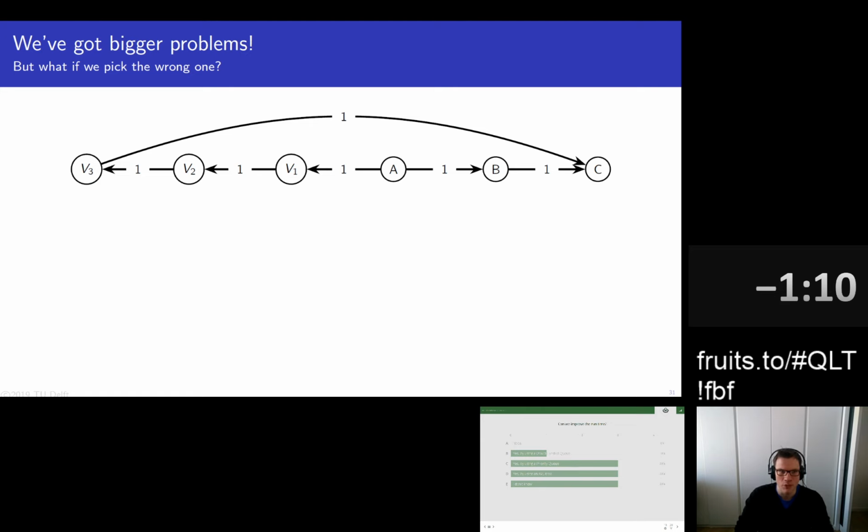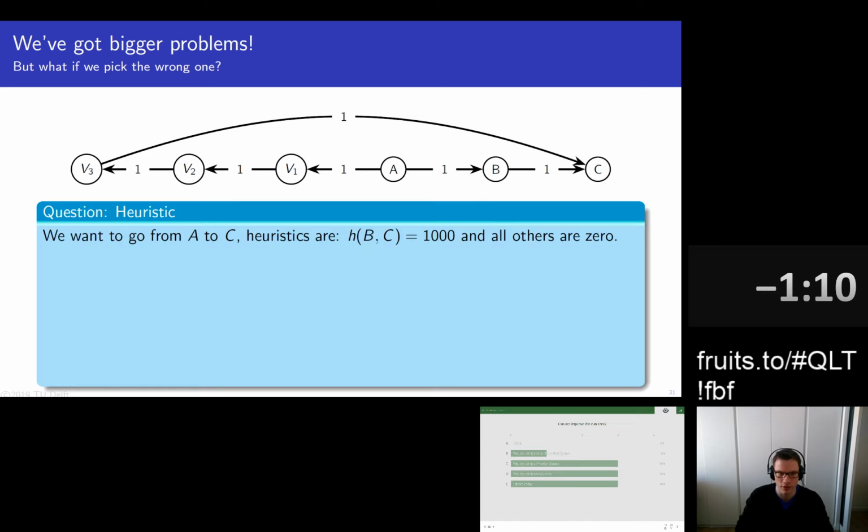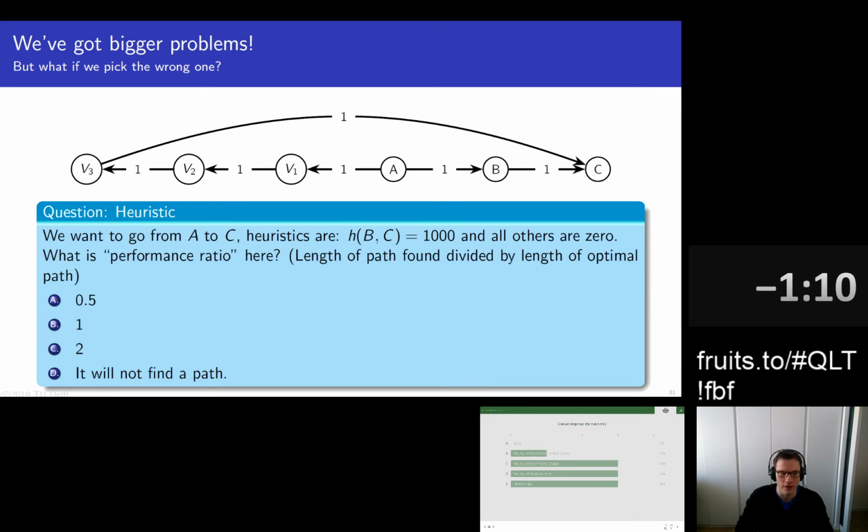However, we have bigger problems at our hands. Because if we pick the wrong heuristic, everything might break down. Consider this example. I want to find the shortest path from A to C. I have only one heuristic, one estimate. Namely, my heuristic says that from B to C, that will take us 1,000. All the other heuristics are 0. What is the, I've called it performance ratio, which is a term from complexity theory.